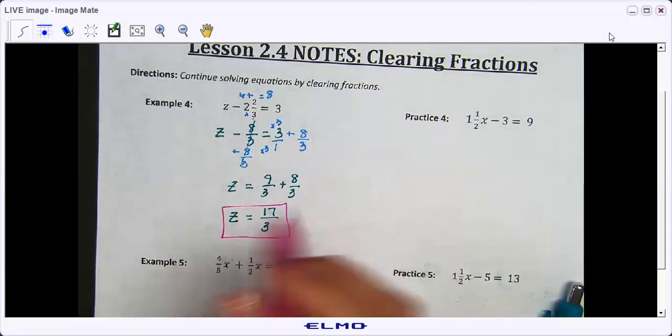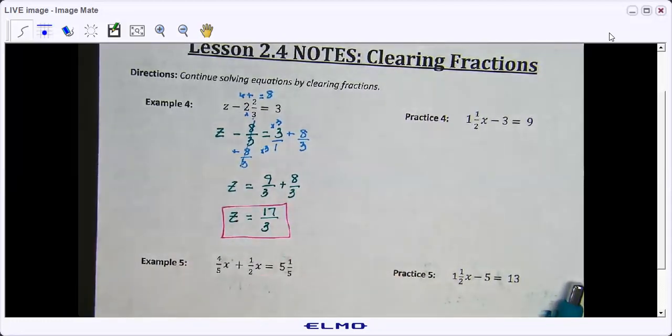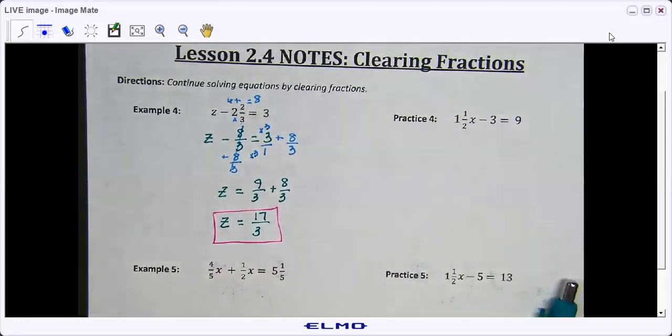Did anyone get something different? Okay, while I'm working up here, I want everybody to work on number 4 or practice. That's because you multiplied them instead of adding them. Yeah, because this is subtraction, so you add them. So we had to find common denominators. No, we wrote.